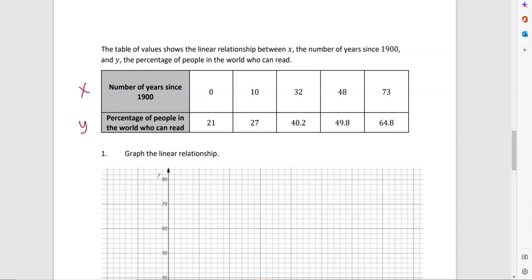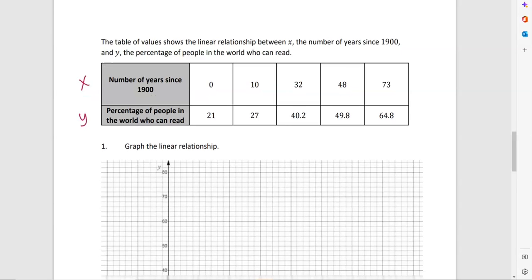How can I graph something if I don't have an equation? What does the table show us? What part of the line is in a table? They're points. These are points in a line.